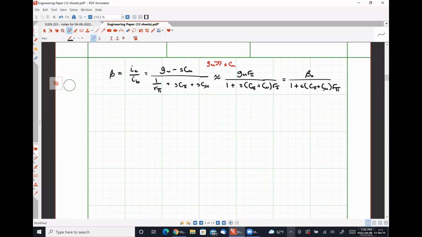So this tells us how beta depends on frequency. It was our ultimate goal in the first place.